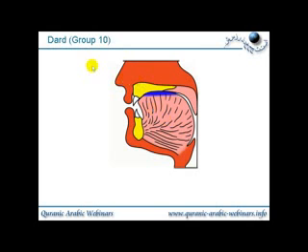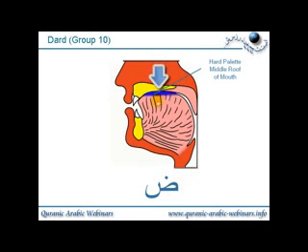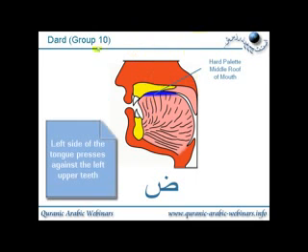The last group is group number 10, which consists of just one letter, and the letter is bod. Now this is quite difficult to say, and it's difficult to show in a diagram, but effectively what you're doing, if you're right-handed, is the left side of your tongue will touch the upper left teeth on the top row of teeth.